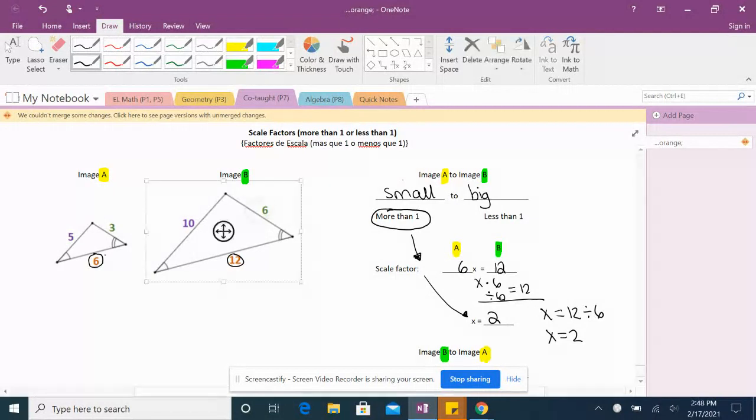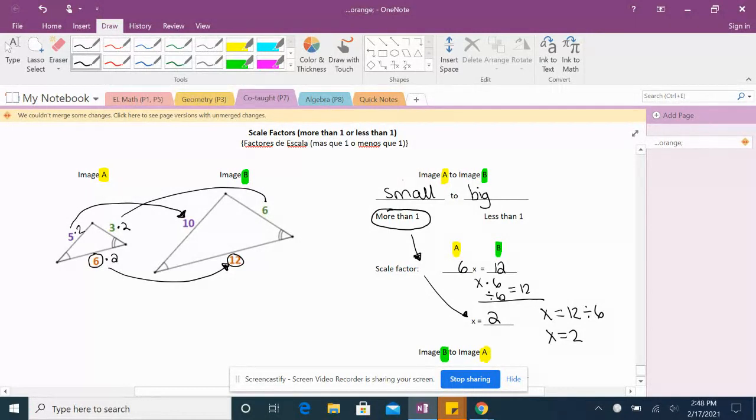What this means is that 6 times 2 is 12. Este significa 6 por 2 son 12. 3 times 2 is 6. 3 por 2 son 6. And 5 times 2 is 10.